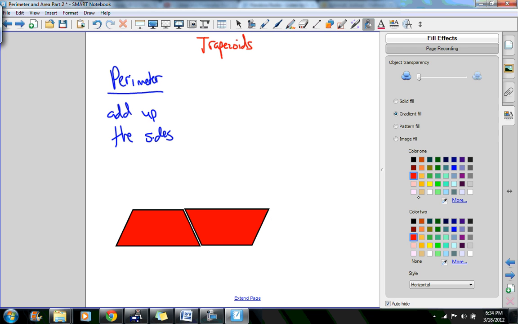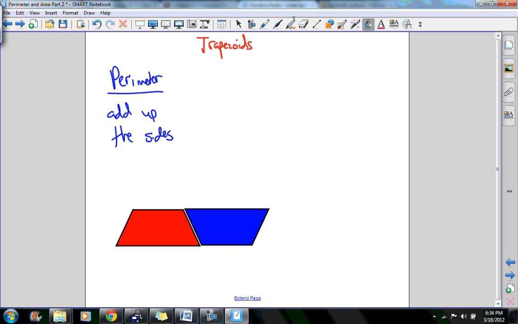And I'll color it blue now. If you notice, with these two sitting right next to each other, they create a big parallelogram. This is what we call base 1, and this is what we call base 2, or you can flip them, it doesn't matter.